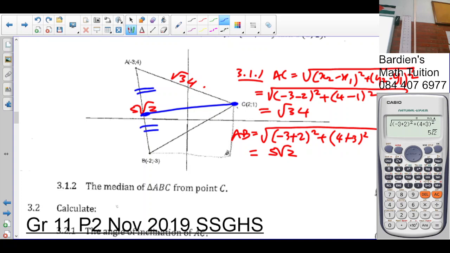You guys see that? The median. If it is standing at 90 degrees, it's called the altitude. Okay, so that's the median and the altitude.